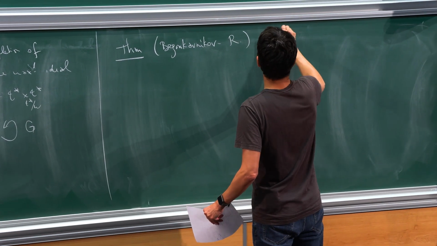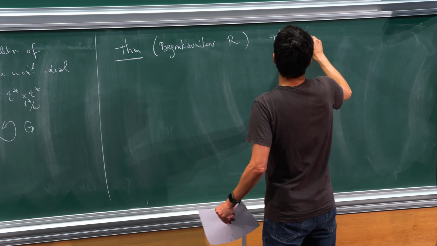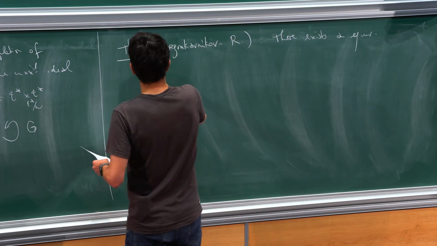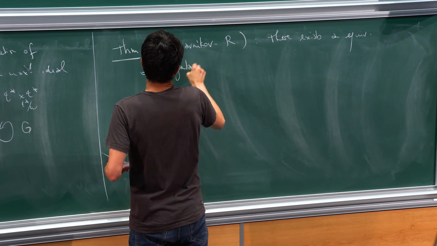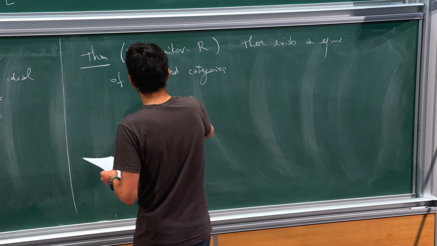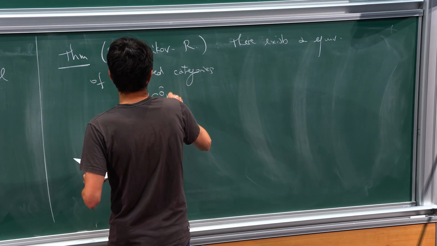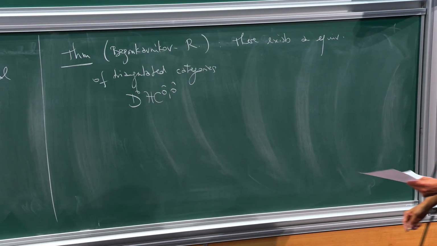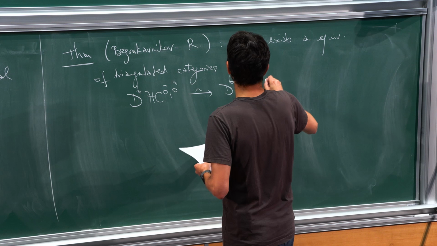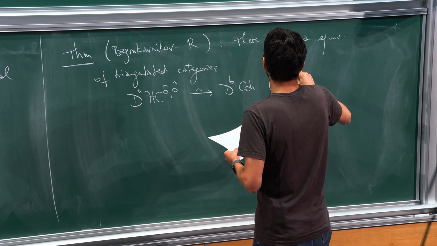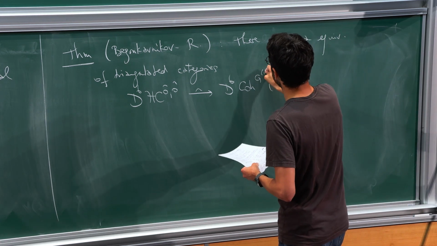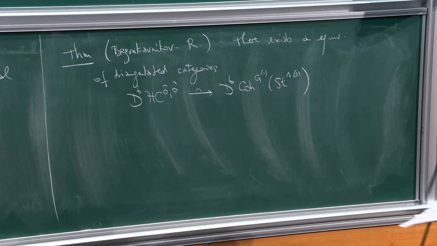It states that there exists an equivalence of triangulated categories between the bounded derived category of these Harish-Chandra bimodules associated with 0 and 0 and the derived category of coherent sheaves on the Frobenius twist of this Steinberg hat, which are equivariant with respect to the Frobenius twist of G.